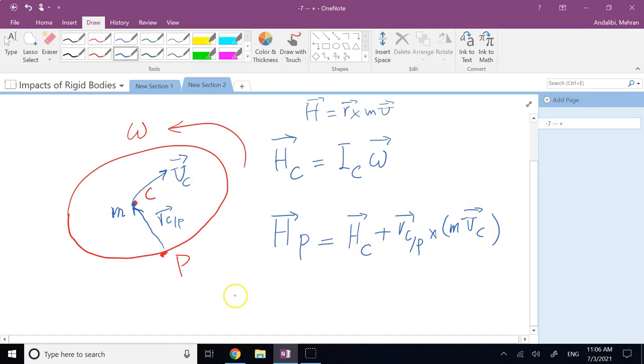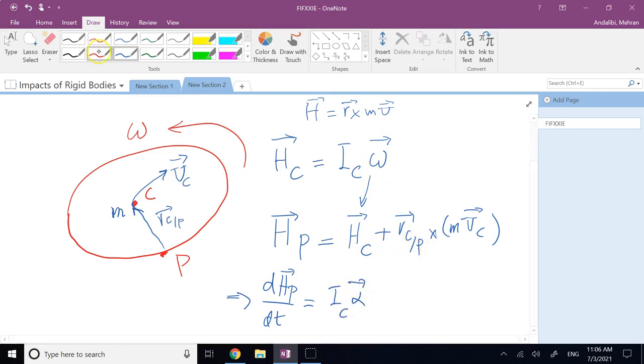Good. So now, could you take a derivative from this for me? d h_P with respect to dt. Could you take a time derivative? And you say yes. It is going to be the derivative of h_C, and if we assume I_C is constant, it is going to be I_C times alpha.